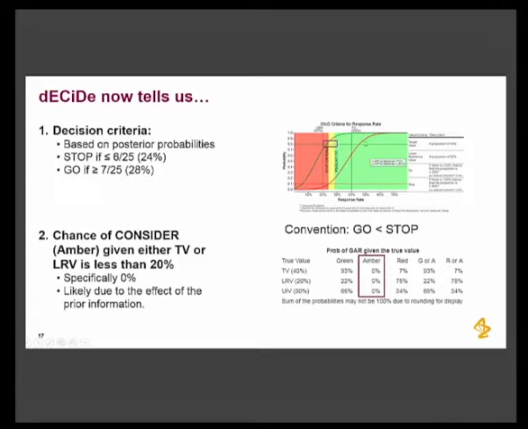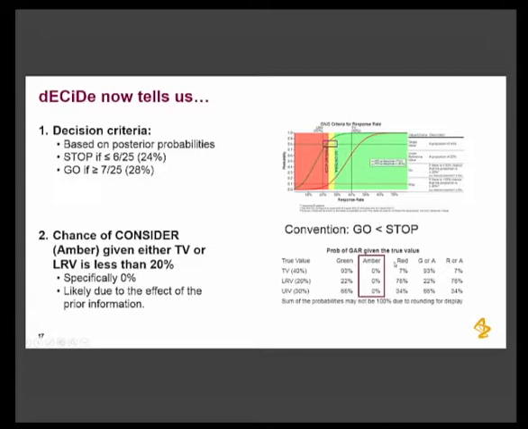The red curve, which is not relevant right at the moment, is the probability that your true is better than the target value. If I took this literally, and I looked at where the green curve intersected 0.8, which is a DCLRV, you can see that that's slightly below where this red curve intersects the ARTV, and that's what's triggering the convention here, because it doesn't make any sense to have a go criterion that's lower than the stop criterion.